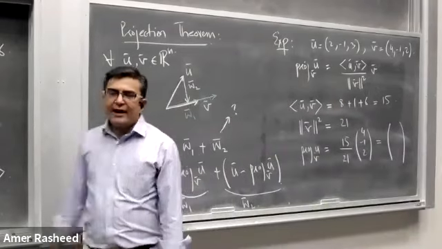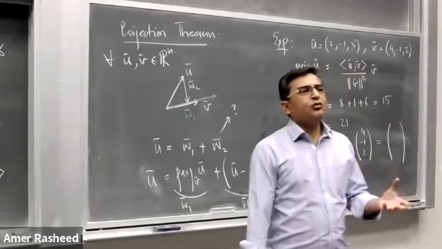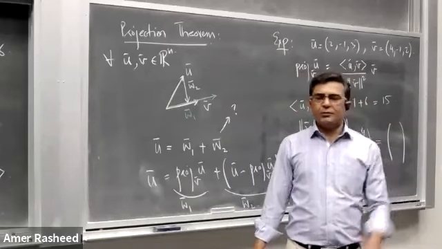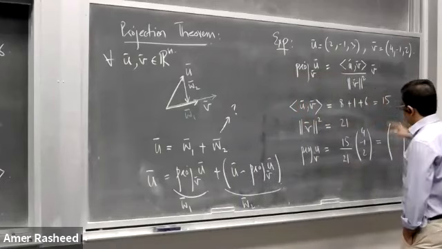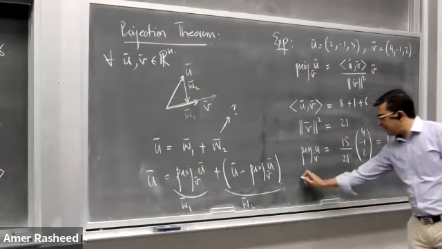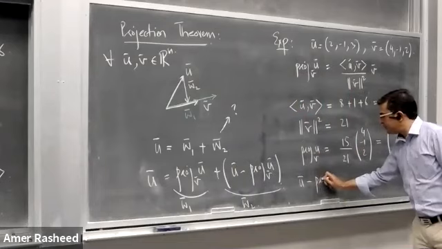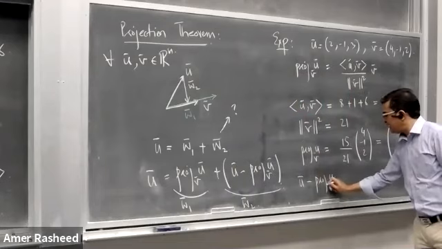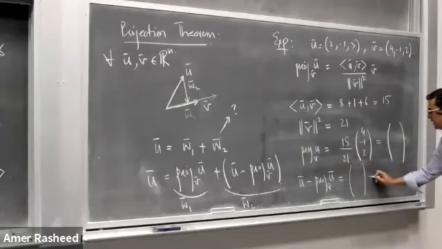Similarly, in order to find the orthogonal projection, the other vector, you can just compute that vector by subtracting this vector from U. So U minus projection of U onto V. This one, which is the orthogonal or perpendicular component onto V, you can compute by subtracting this vector from the U vector.